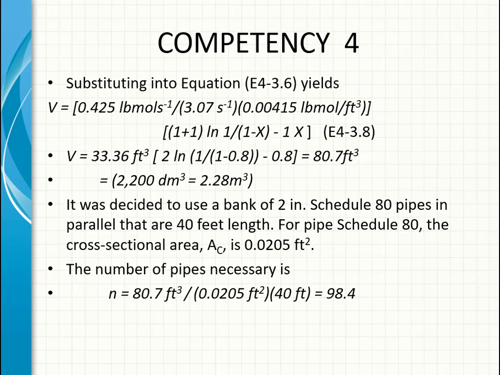At the end, we will have that the volume is equal to 80.7 cubic feet or 2.28 cubic meters. So this reactor can be built with a bank of 2-inch schedule 80 pipes in parallel that are 40 feet long. For schedule 80 pipes, the cross-sectional area is 0.0205 square feet, and the number of pipes will be 98.4.